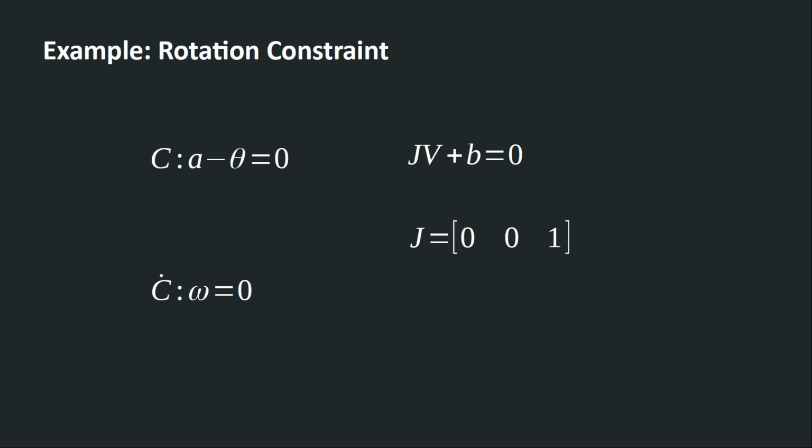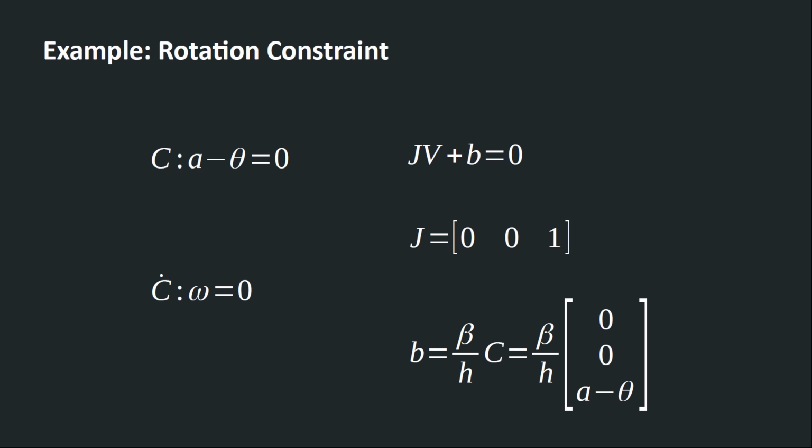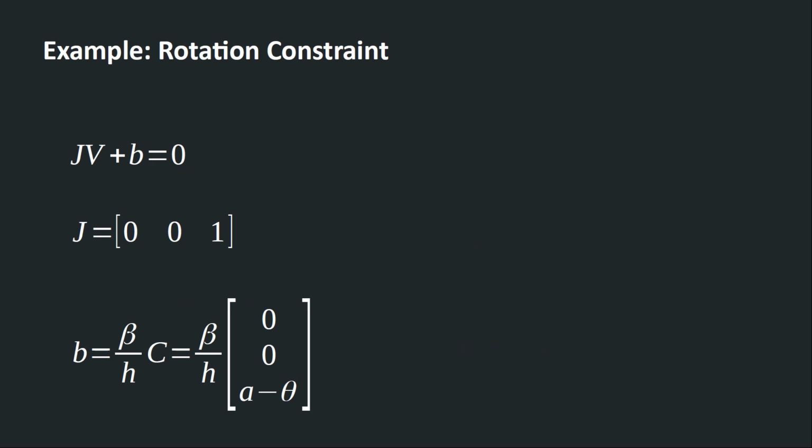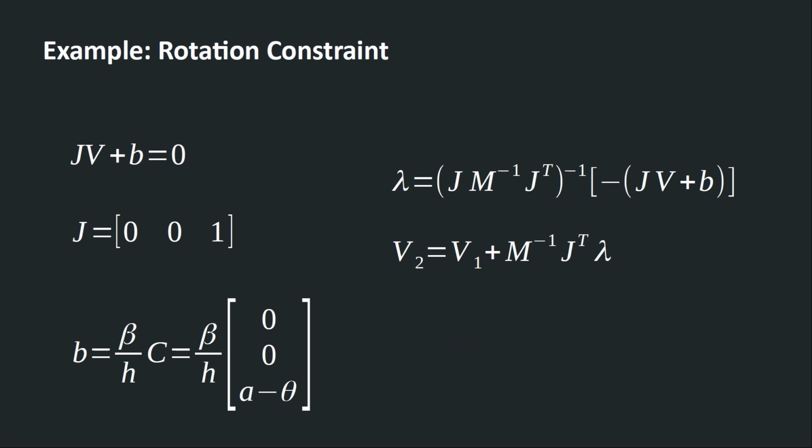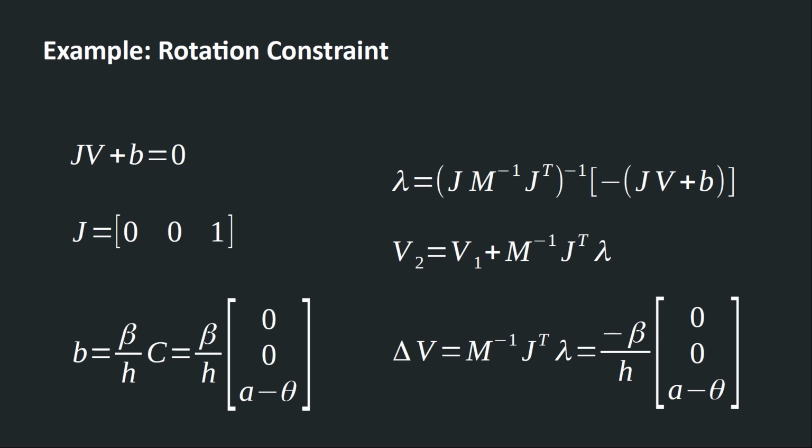The Jacobian is 0, 0, 1, because there's no linear term. And the bias term is Baumgarte stabilization. Move everything on the right to the left. This is our formula for lambda, formula for V2. And finally, we have the expression for the necessary change in velocity vector to fix a violated rotation constraint. Here.